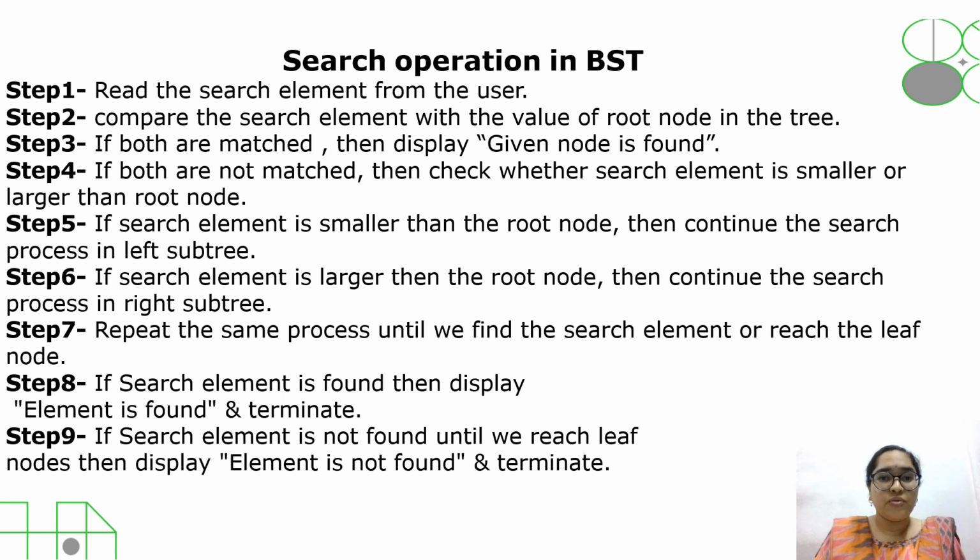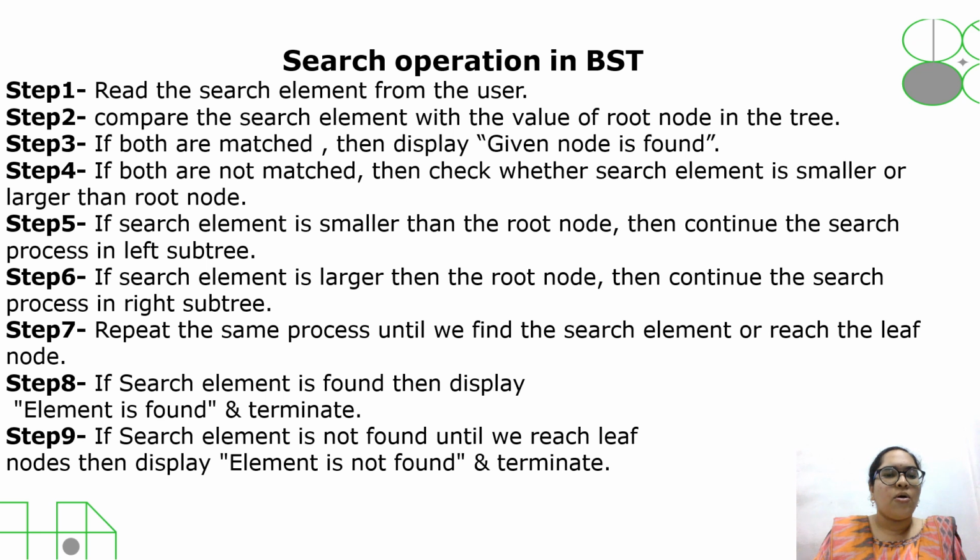But if they are not the same, then we again check whether the search element is greater or smaller than the node, and we repeat the process until we find the search element or the required node. If after completing all the comparisons we still have not found the search element, then we say that the element is not found and terminate the process.